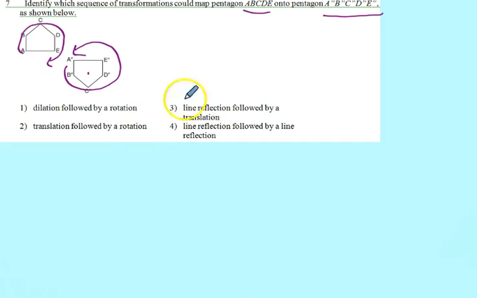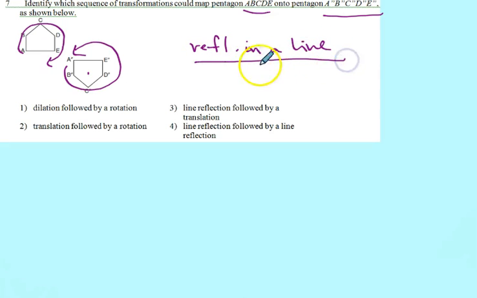Therefore, and I haven't even looked at the choices, this transformation represents some sequence that definitely includes a reflection in a line. Number 1 doesn't have anything like that. Number 2 doesn't have a reflection in a line. Now you could tell that, of course, by reading carefully through the choices and identifying the keywords.